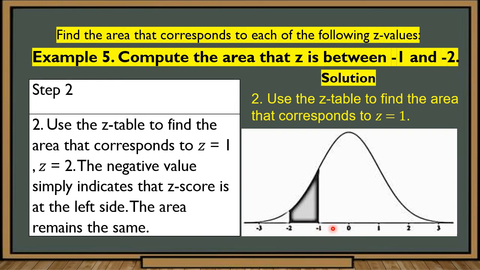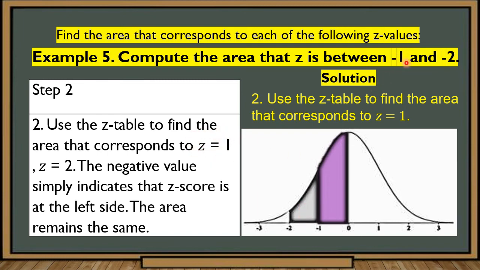So, kailangan natin hanapin yung area which corresponds to z equal to 1. Ibig sabihin, kailangan natin hanapin yung area na to para makatulong sa paghanap natin sa area na to. So first, you have here clues.